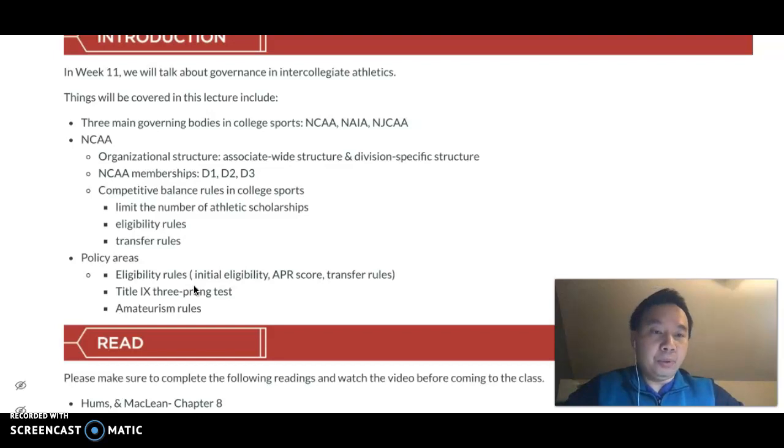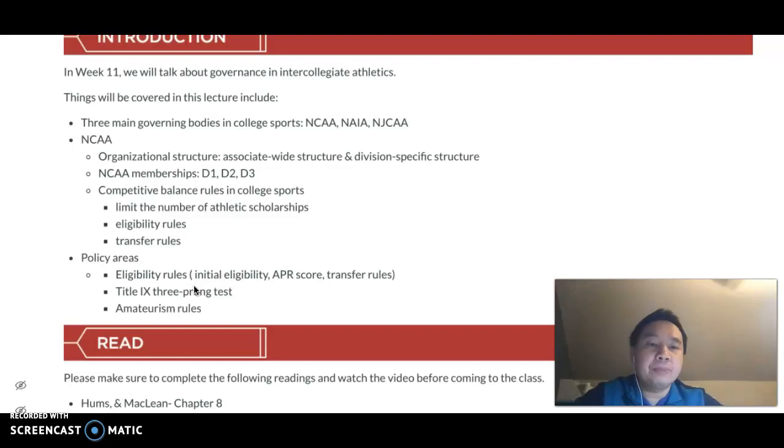And they don't encourage, I would not say prohibit, but they don't encourage transfers. They don't encourage athletes to transfer from one institution to another for playing sports. Those are the competitive strategies that have been used in college sport in order to enhance the competition level.